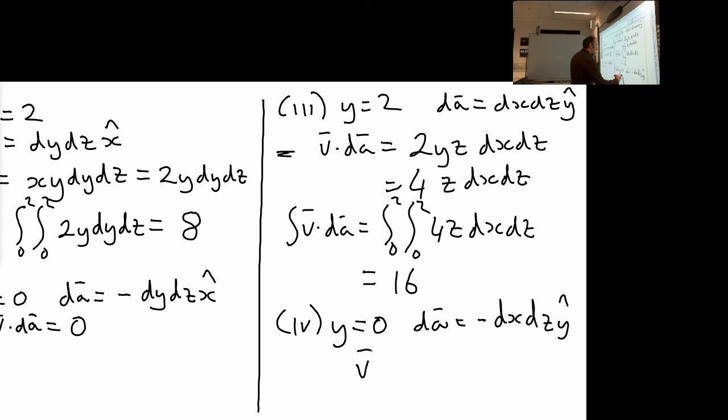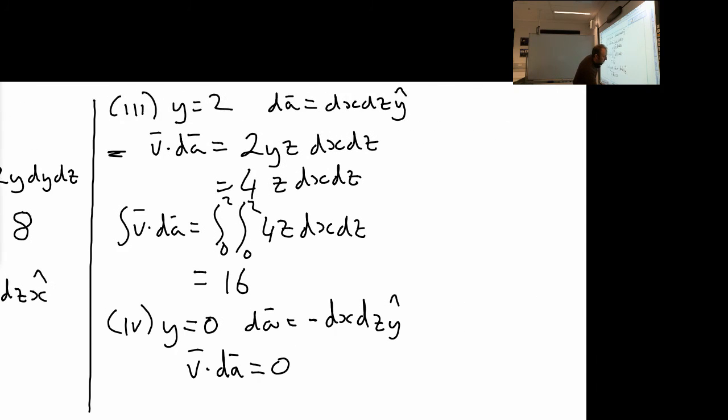So with y equal to 0, v dot dA is going to be equal to 0. So we've got two more sides to consider, the top and the bottom. Our fifth side is going to have z equal to 2.